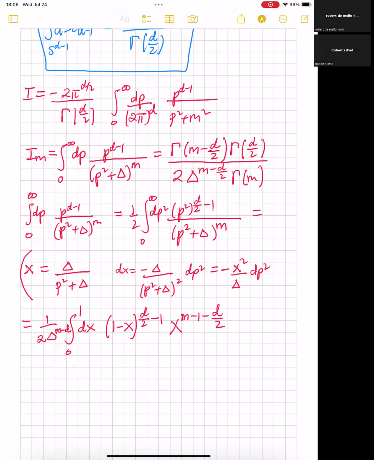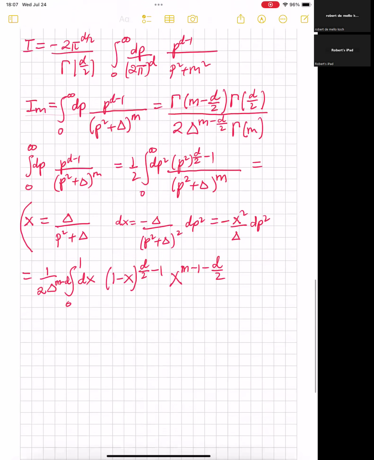And this last integral over x we can do by noticing that this is a known integral. If you look at what's called the beta function, so you've got the gamma function in maths, you've also got a beta function. The beta function is usually written as beta of x comma y, and this is equal to an integral from 0 to 1, t to the x minus 1, (1 minus t) to the y minus 1 dt. So look at this.